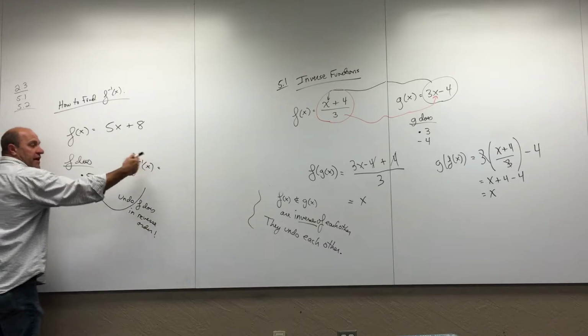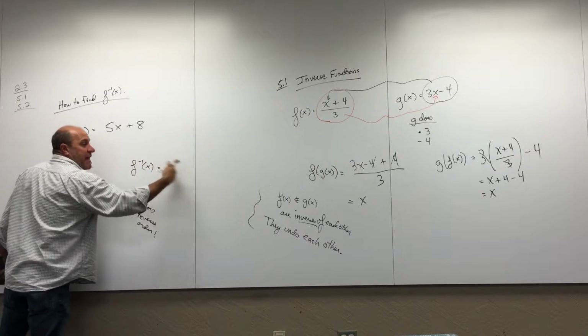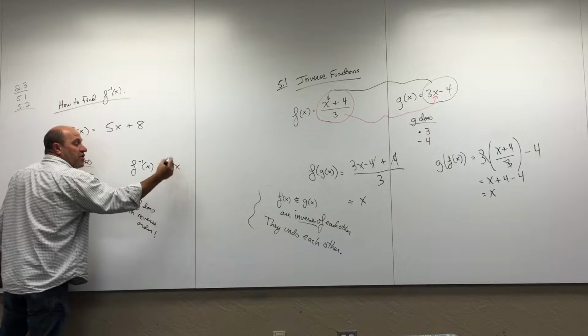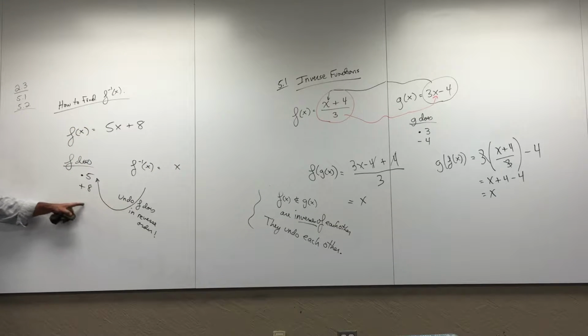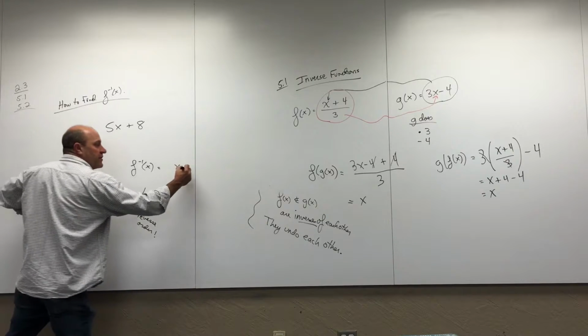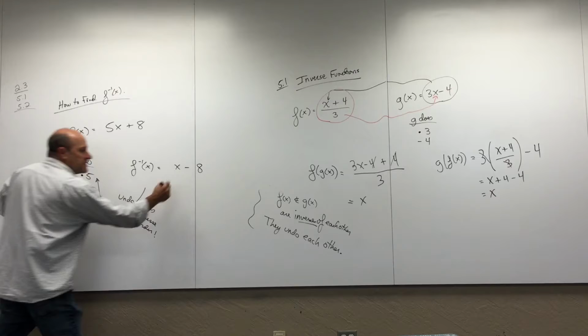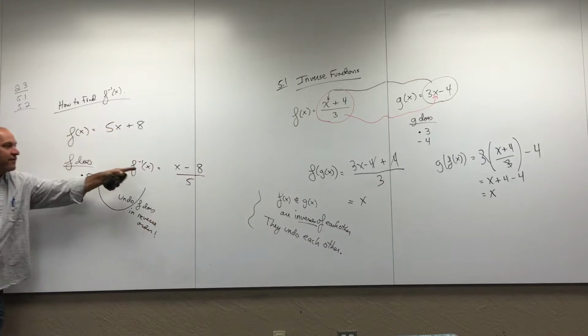Look, this is how I do it. First, start with an x. Now, what are you going to do to that x? You're going to undo this stuff in opposite order. You're going to subtract 8, and then divide by 5. Awesome. You just found his inverse.